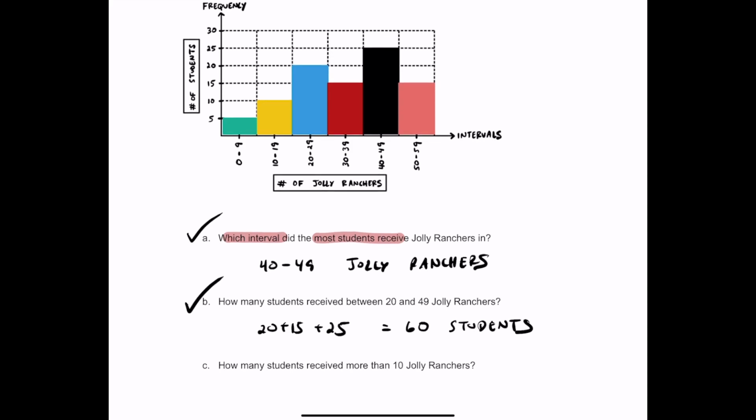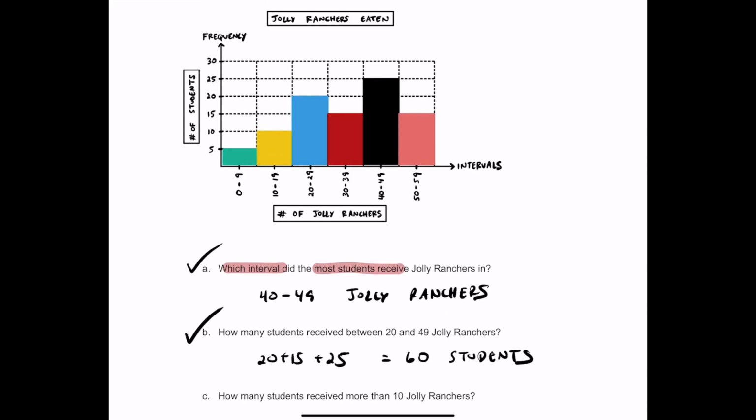How many students received more than 10 Jolly Ranchers? More than 10. That's from here onwards. So that's 10. We already knew this was 20, 15, and 25, so that's already 60. 60 plus the 10 is 70. We have another 15 over here.